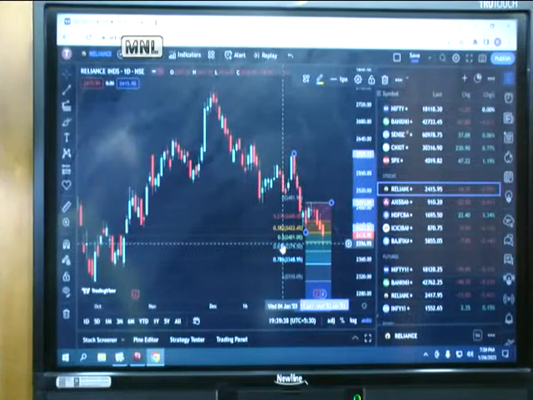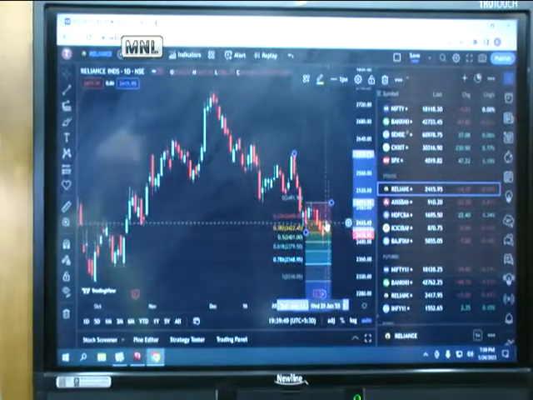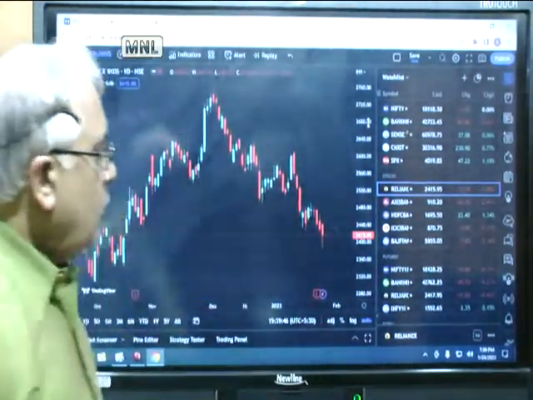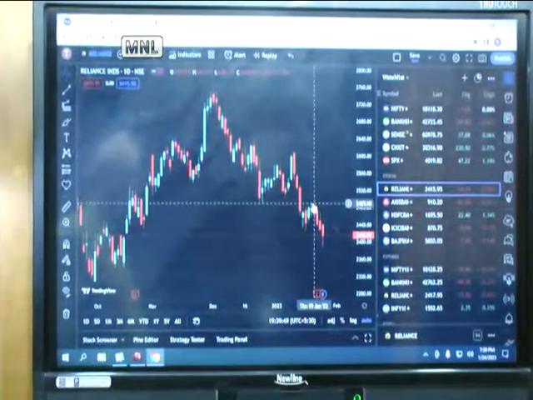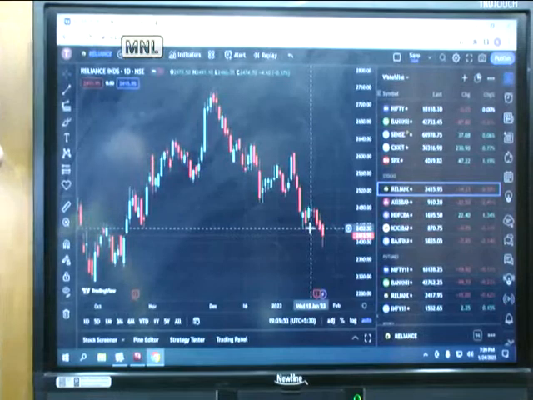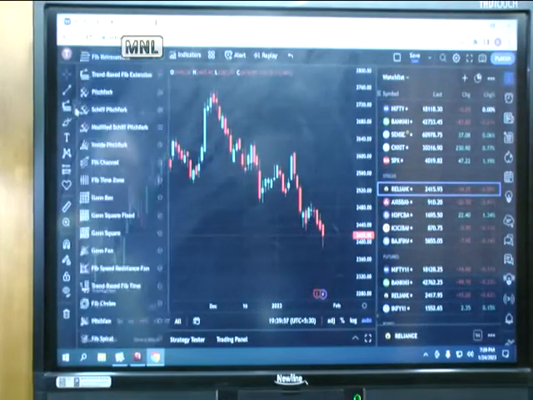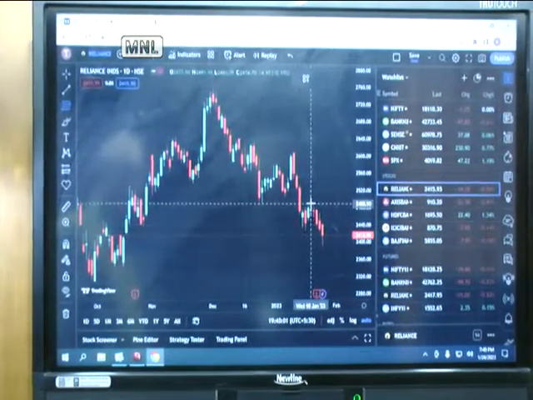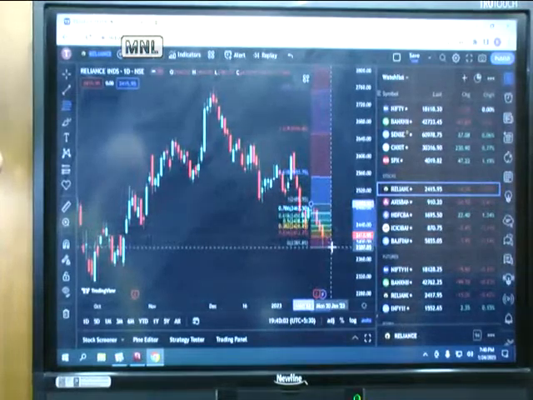Now we will look at what we should do now. See, right now according to us, this is an important high, right? Because it broke this low, so this is an important high. So let's draw the Fibonacci retracement for this straight away.